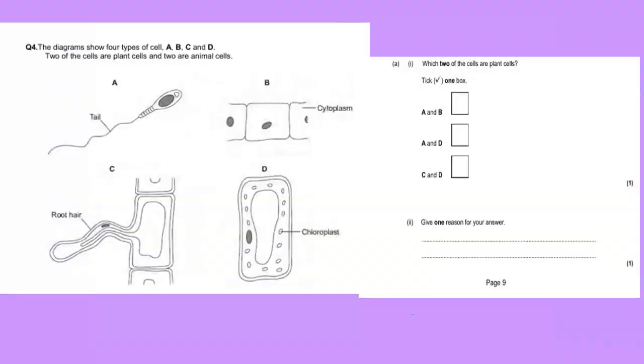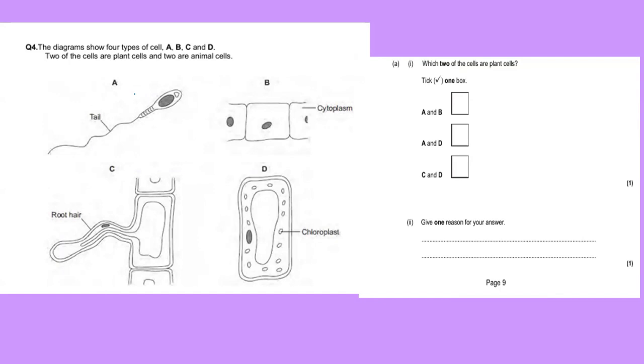Okay, let's have a look at these questions. So the diagrams show 4 types of cells, A, B, C, and D. Two of the cells are plant cells and 2 of them are animal cells. Which 2 of the cells are plant cells? So we need to look for 2 cells that have some features of plant cells.